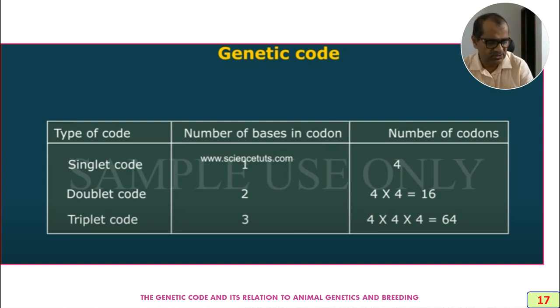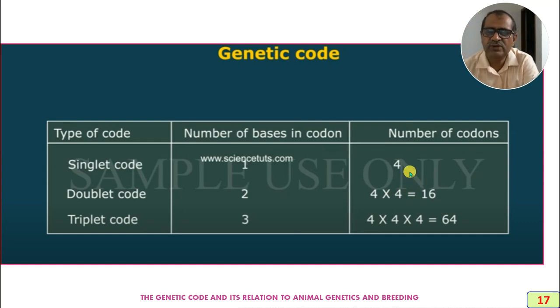In the first chart, the single code is based on only one base, and the number of codons is four, called the singlet code. The doublet code contains two bases in the codon, so the number of codons is 4 into 4, equal to 16.